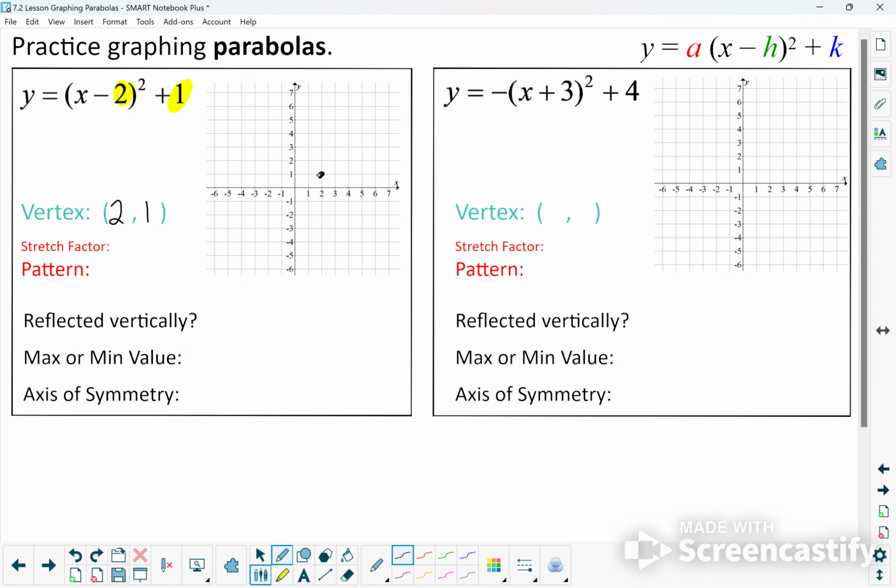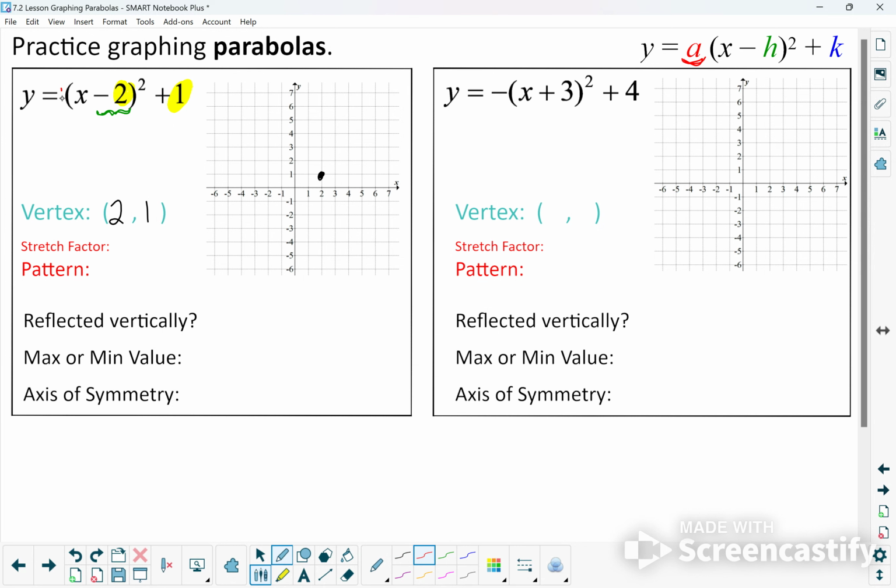And just like with absolute value functions, we have to remember that we've got a sign change compared to what we see in the equation. So if we see an x minus 2, we know that the x coordinate of the vertex will be positive 2.